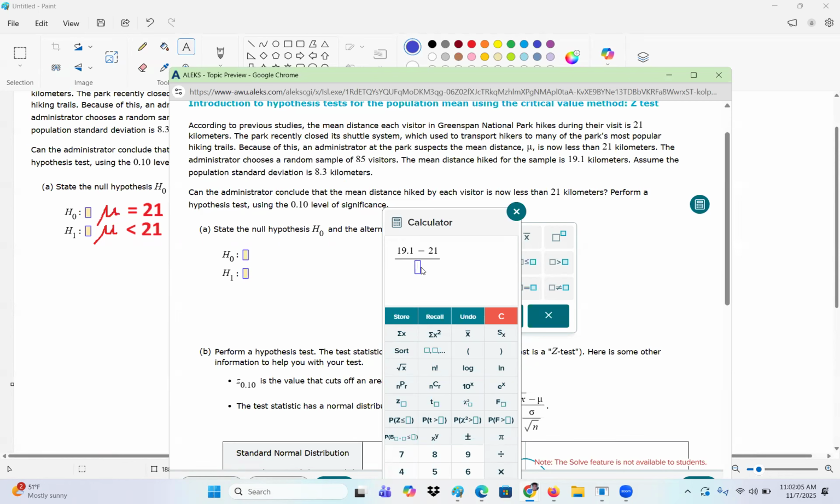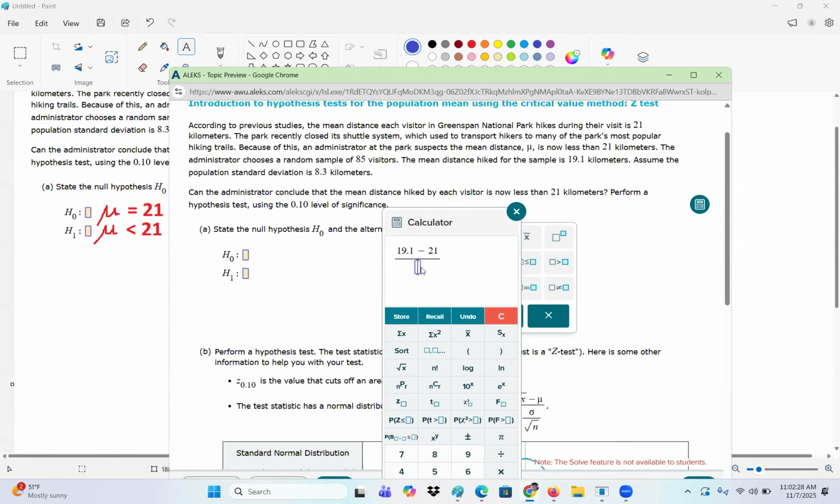There's no reason to test whether the mean is greater than 21, because the sample mean was 19.1. Remember that the testing value is always based on sample information first. You want to know if the population mean is less than 21.